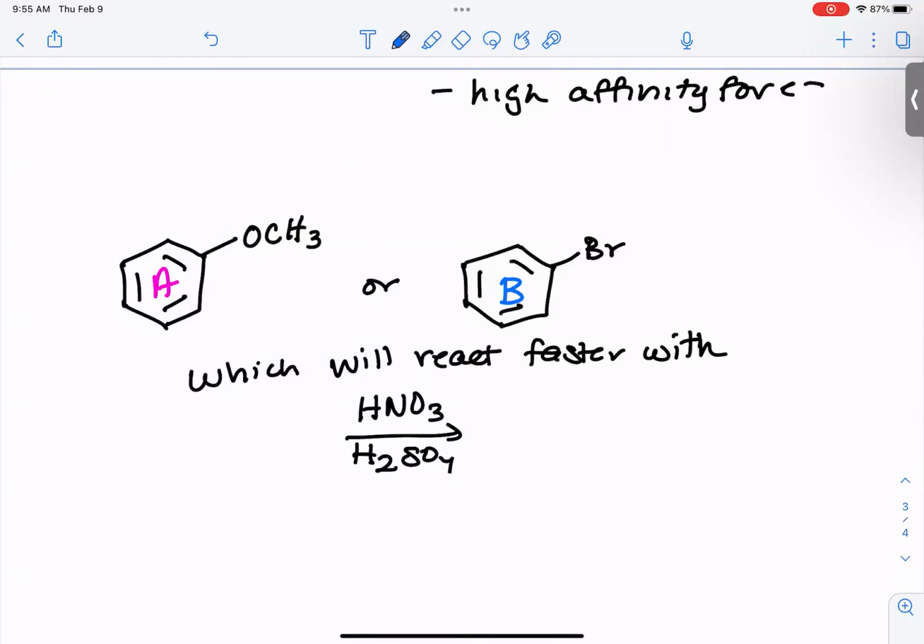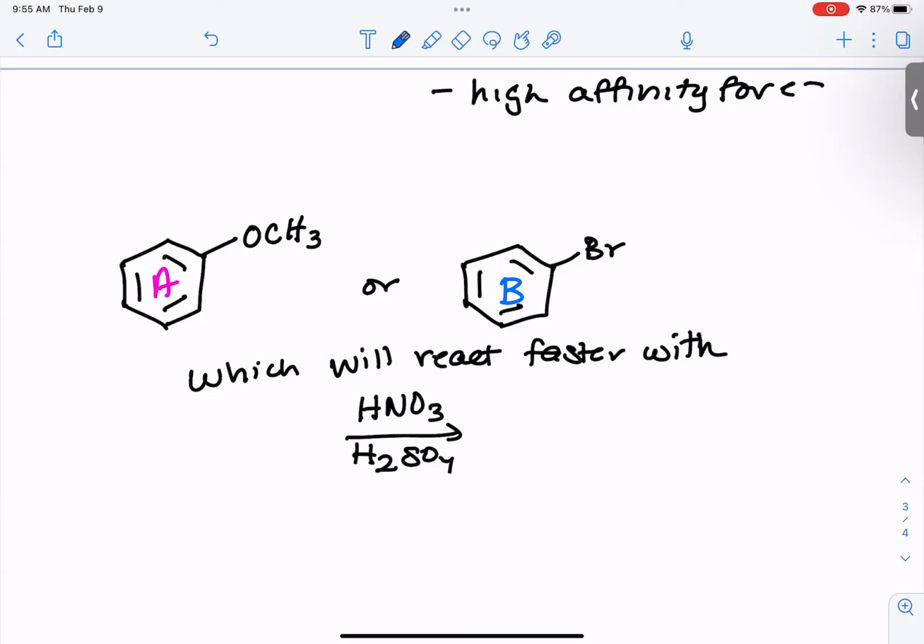Which one will react faster by nitration? Which ring has an activator and which ring has a deactivator? Yes, deactivated.